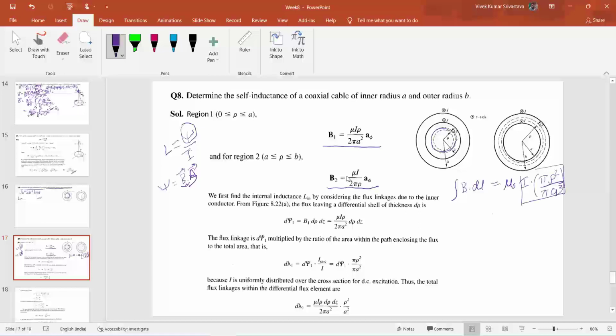So this is the total current passing through this Amperian path.